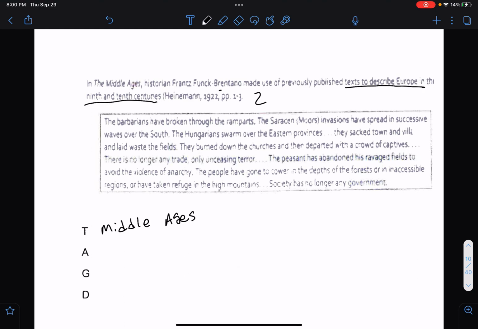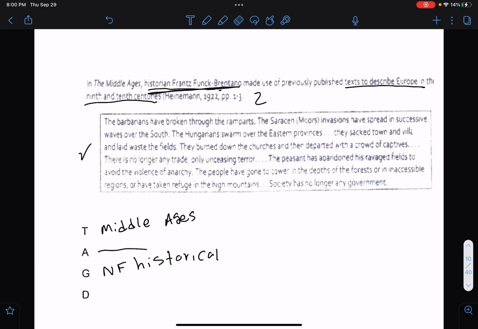So we don't know who actually wrote this, because this guy is a historian, but he's using a primary source, and we don't really know who wrote that source. So for the author we'll just leave it blank for now. Genre is nonfiction, historical. And the date.